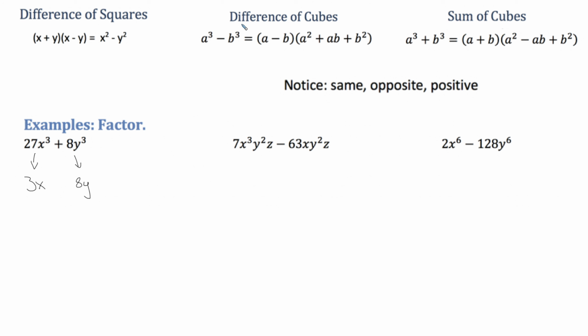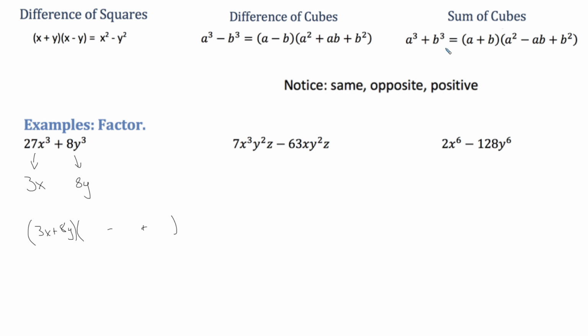And so we can look up here, we have a sum of cubes because it's addition, and so it is going to factor to 3x plus 8y, and then we'll have this part, so it's going to be a squared, ab, b squared, and remember our signs are same, opposite, so we're going to have a negative here and then a positive here, and we'll squeeze in what needs to go here.